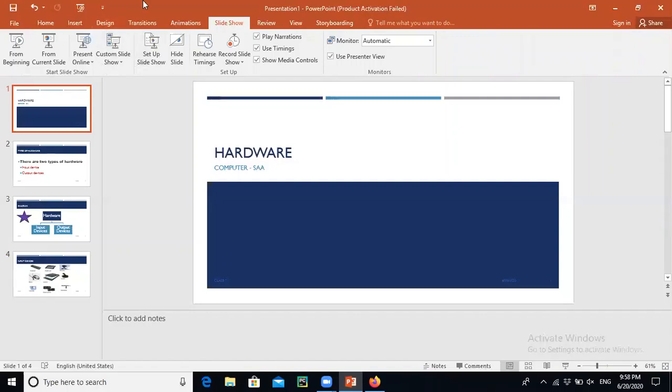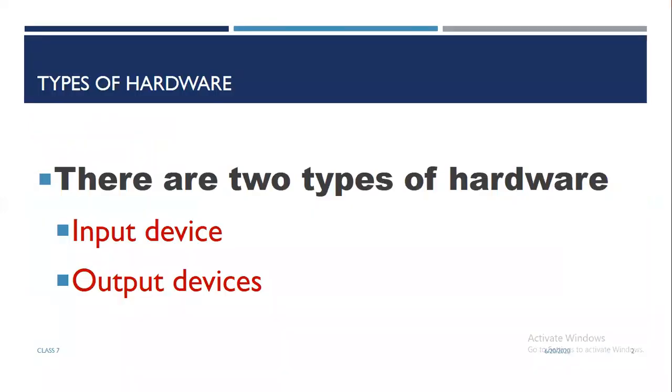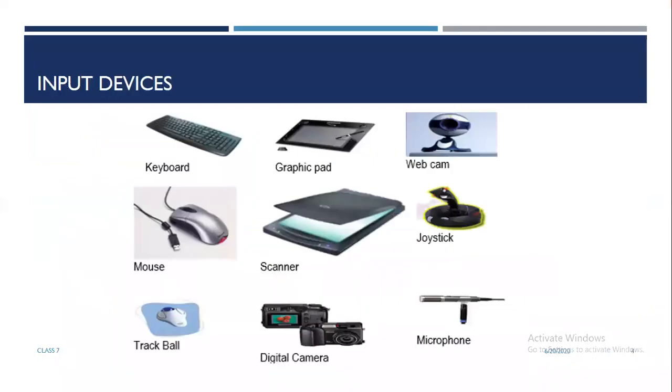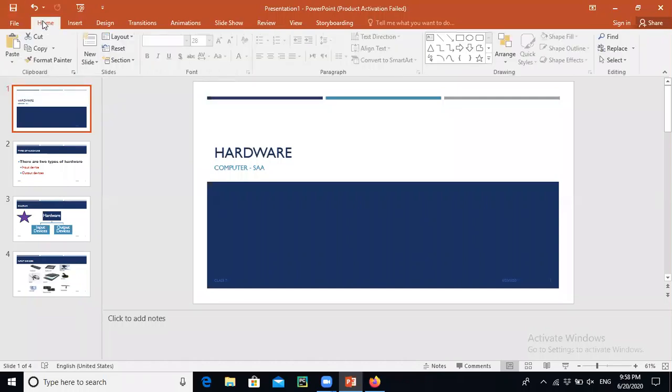You can select From Beginning, and this is the full mode of my presentation, which is about hardware. This is the hierarchical diagram of the types of hardware, and these are the input devices. There were only 4 slides in my PowerPoint presentation, so my presentation is completed.